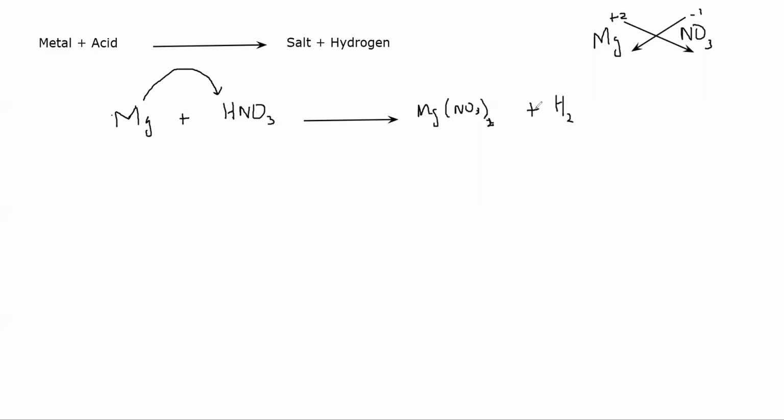So first thing we did, we completed the product. And if I say write the state symbols, how to write the state symbols? What will be the state of magnesium metal? It will be solid, so we write S. What is the state of nitric acid?